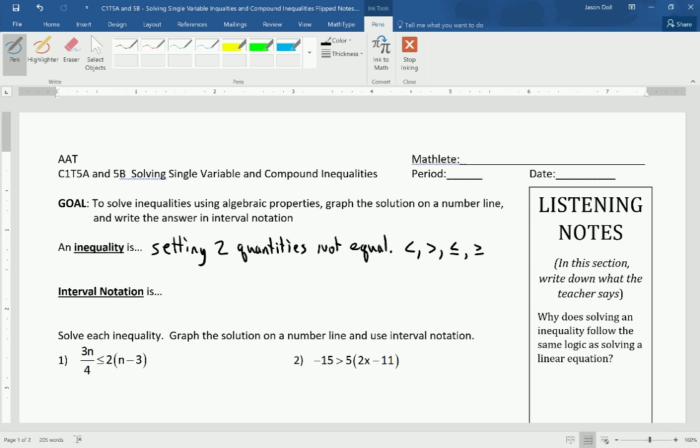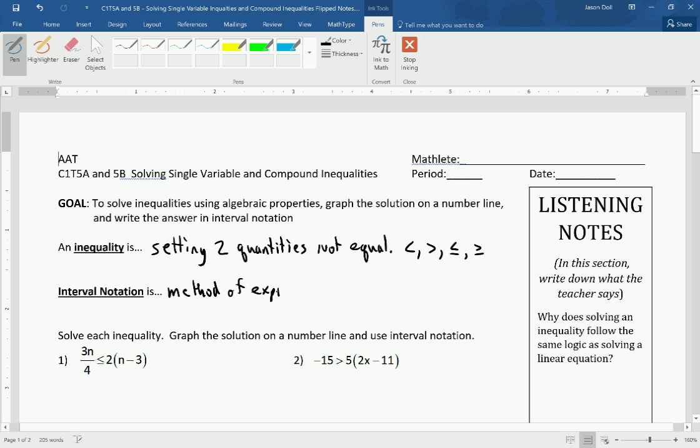Now, interval notation is a method of expressing an interval of values. It's shorthand.